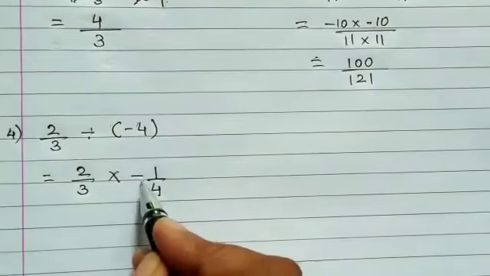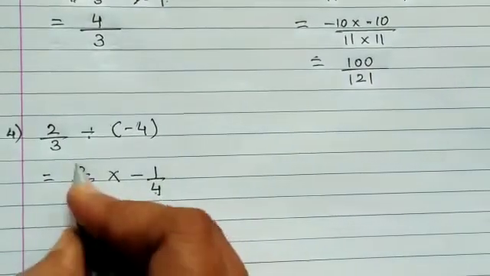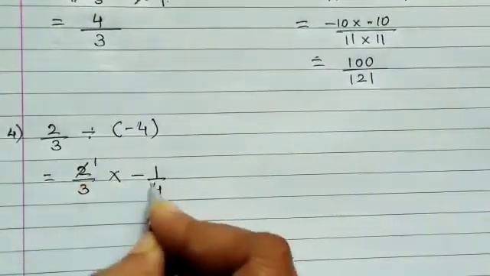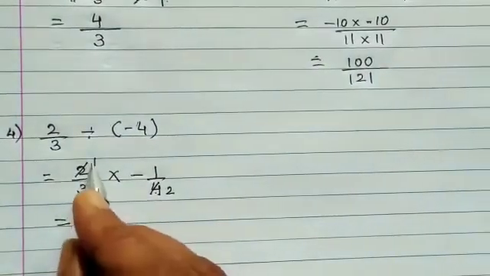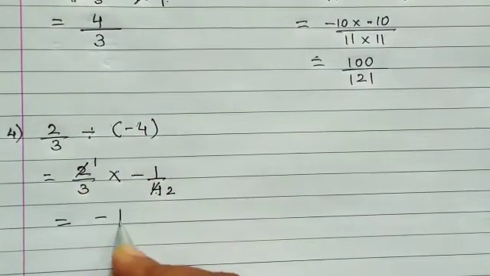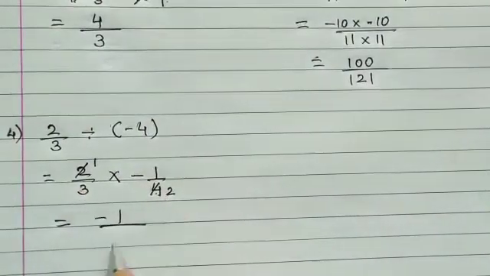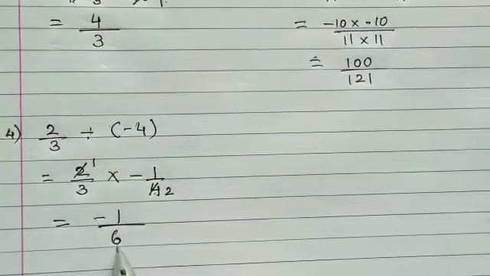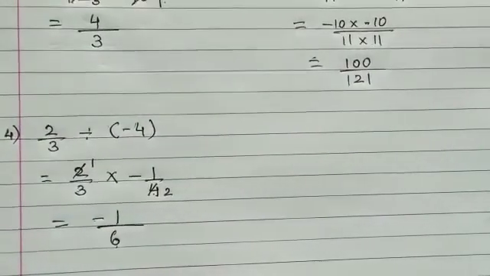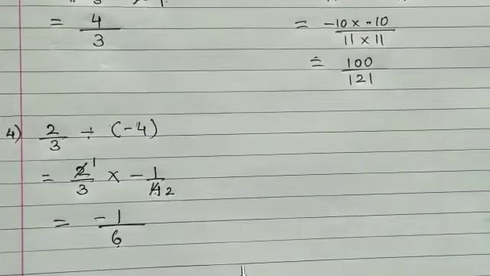So the inverse will become minus 1 upon 4. So let's cancel 2 one time and 2 two times. So you get 1 into 1, 1. So minus 1 upon 3 into 2 is 6. So the answer will be minus 1 upon 6. You can try the remaining sums as homework.